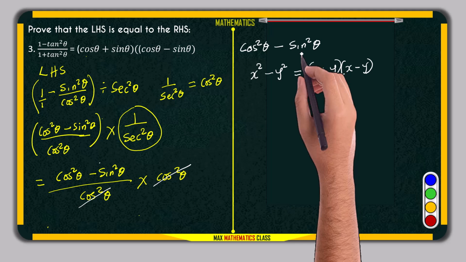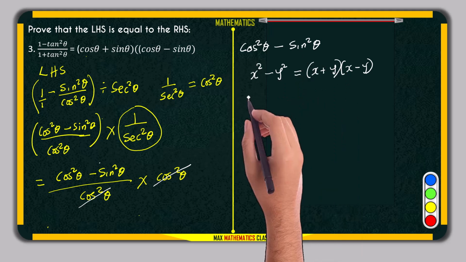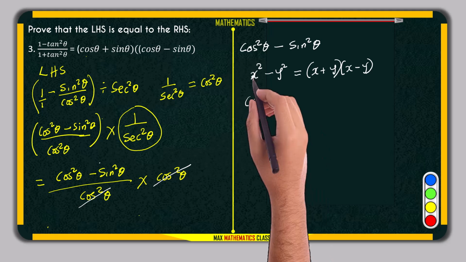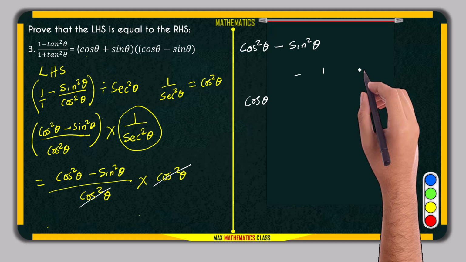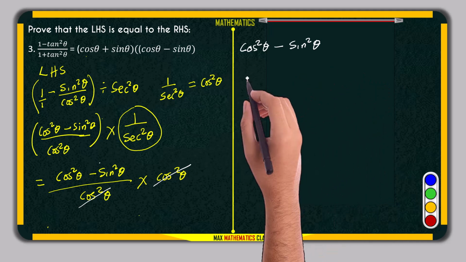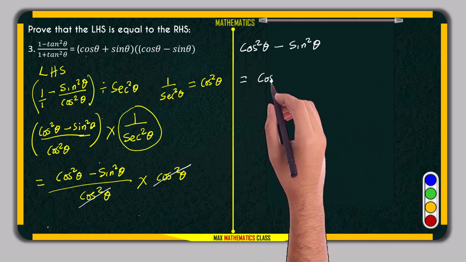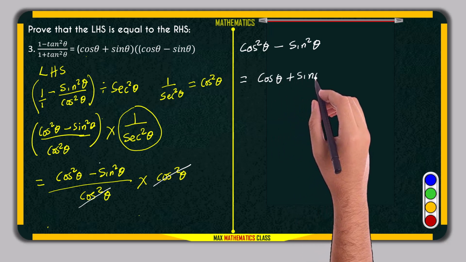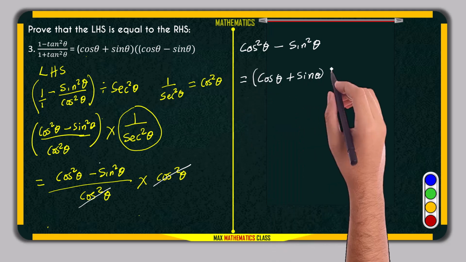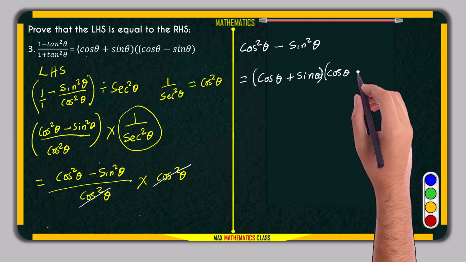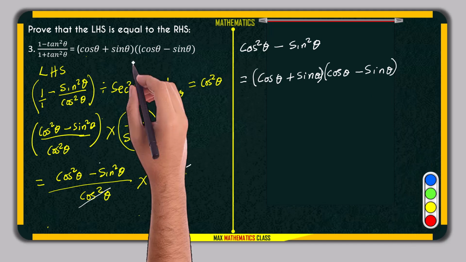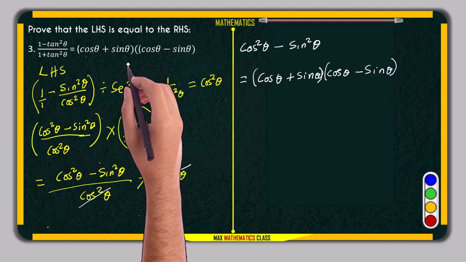So if you apply it to this, we are going to get cos theta plus sine theta times cos theta minus sine theta. So you can see we have proved the right hand side.